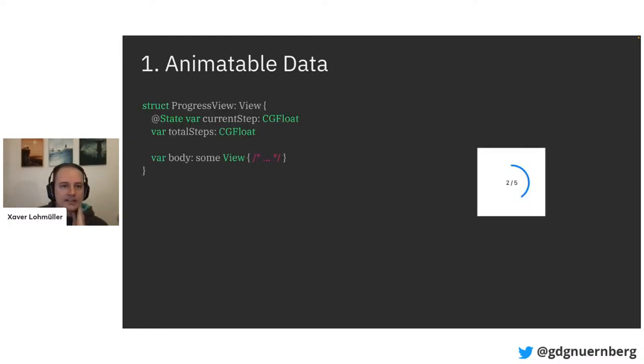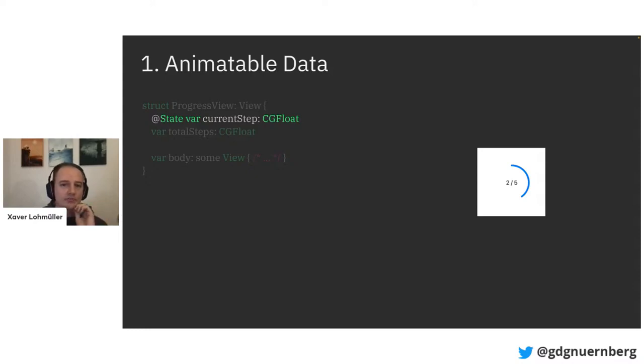So animatable data basically is any piece of state that is part of the view. In this case, it would be the current step. I have a progress view that goes from 2 to 5 items, and I can animate over this piece of state.